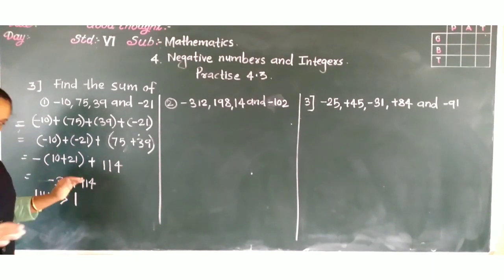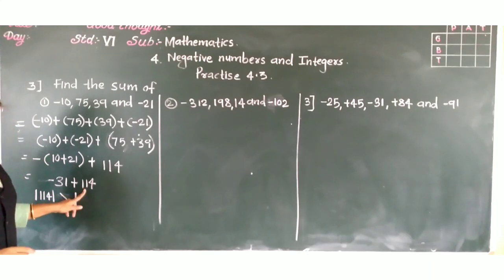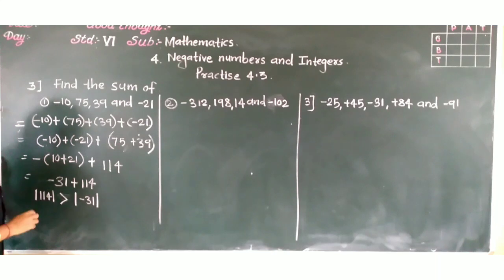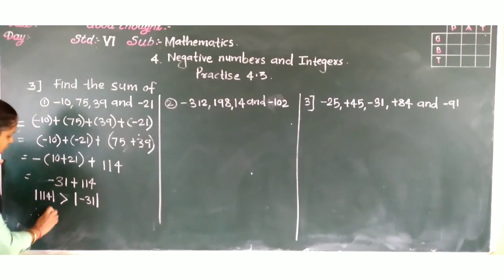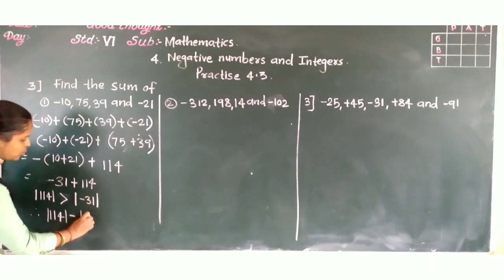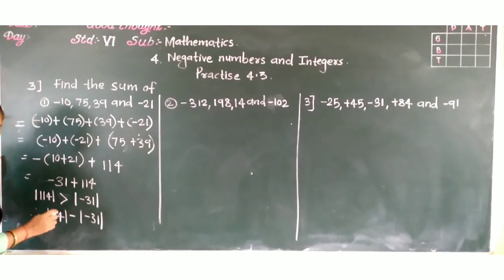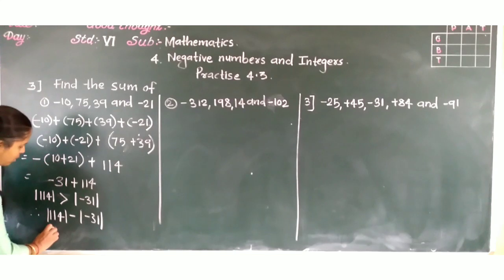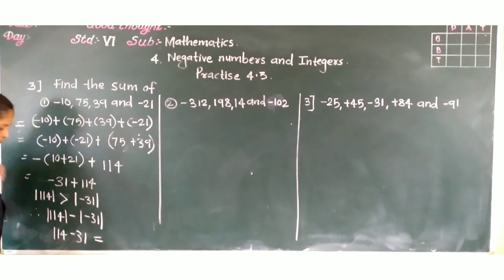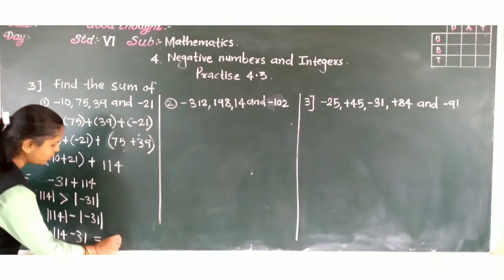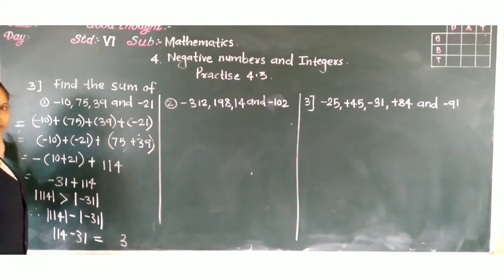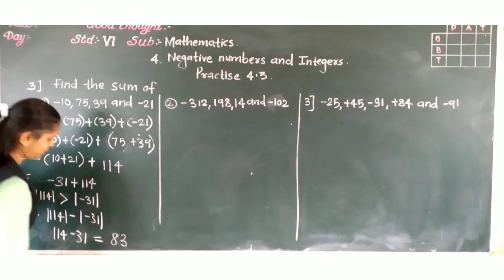Directly I will write absolute value of 114 is greater than absolute value of minus 31. Therefore, absolute value of 114 minus absolute value of 31. We have to subtract, no? So 114 minus 31. What will be the answer? See, 4 minus 1, 3 and 11 minus 3 is 8.